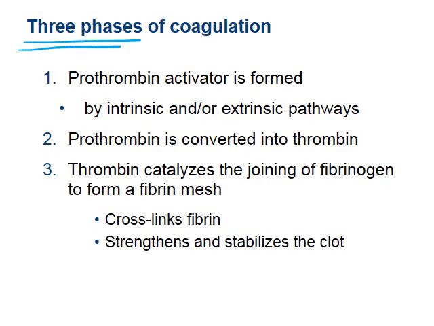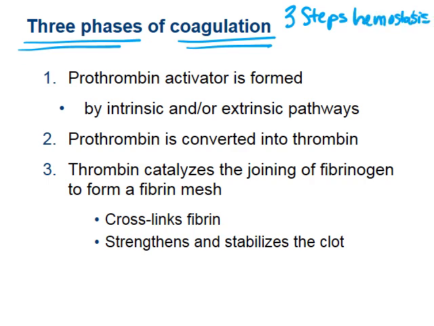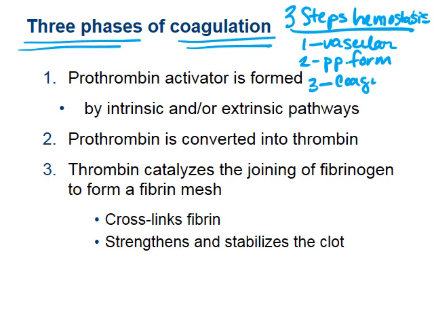So here are your 3 phases of coagulation. Again, please make sure that you say 3 steps of hemostasis, and you list 1, vascular spasm, 2, platelet plug formation, 3, coagulation. And then underneath, tell me the 3 phases of coagulation, however you want to outline this.